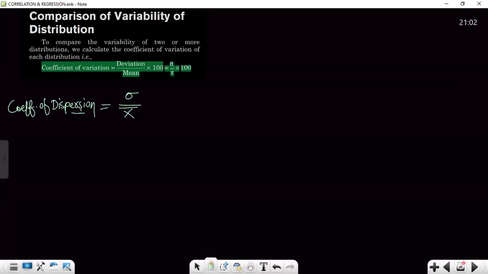Now there are some important observations directly taken from previous year questions. Let me write here that the sum of deviation about median is minimum.